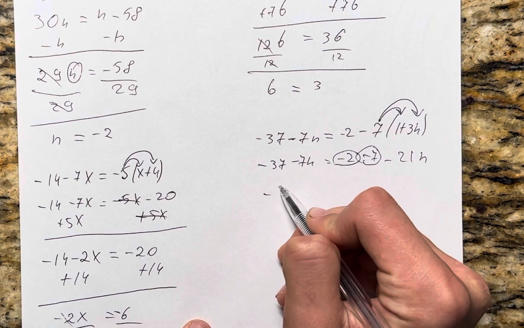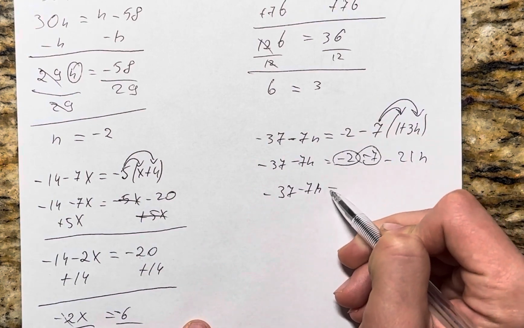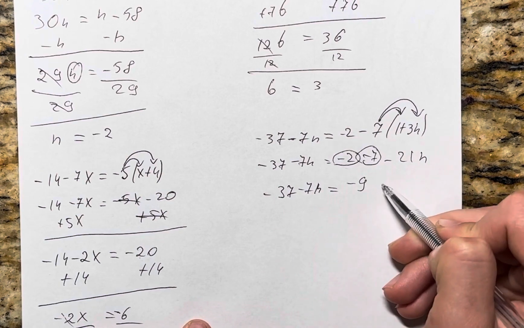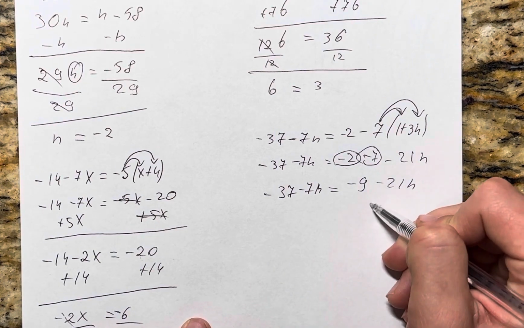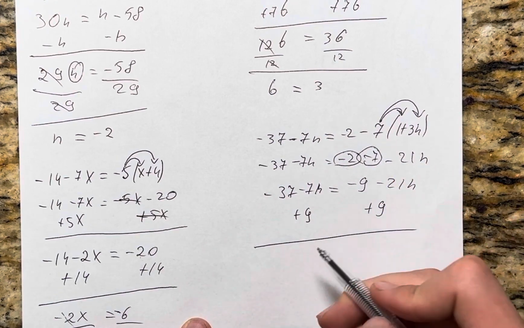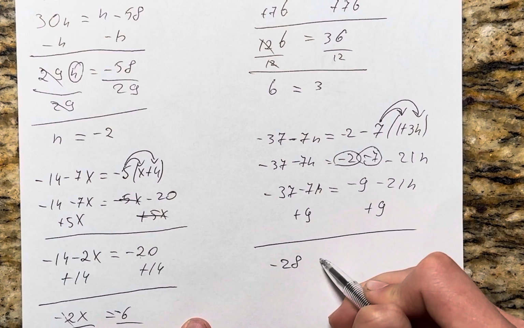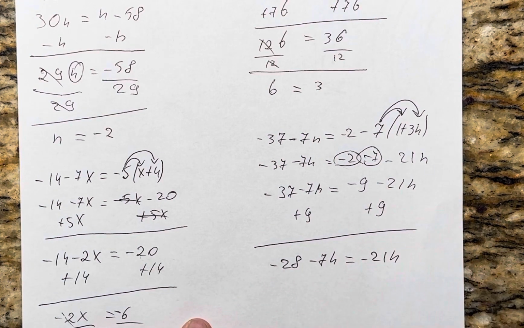We'll get negative 37 minus 7n equals negative 9 minus 21n. And now we can either move the n or move the number. Let's move the number. We'll add 9 to each side. What we'll get is negative 28 minus 7n equals negative 21n.